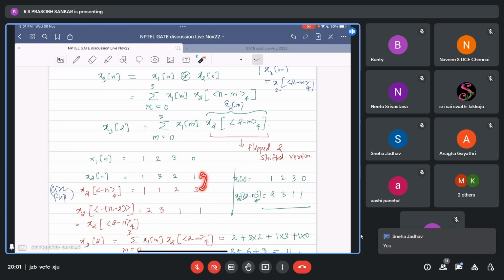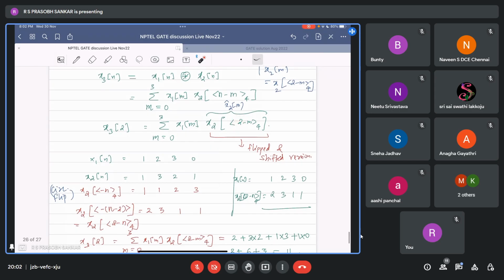This is okay. Now, once I have this circularly flipped version, to evaluate this convolution I need to shift it. Shift it by how much? Shift it by 2 units in our case. I'll be shifting the circularly flipped version right by 2 units. What happens?